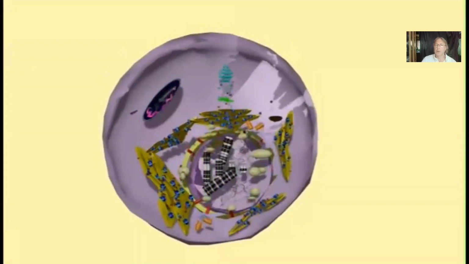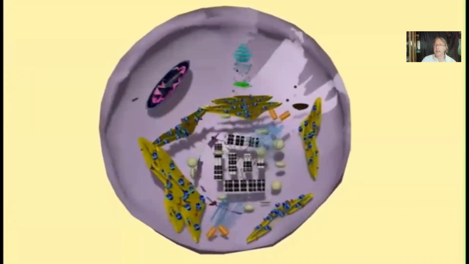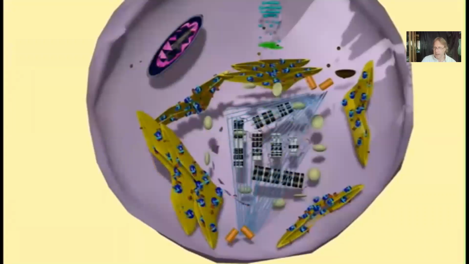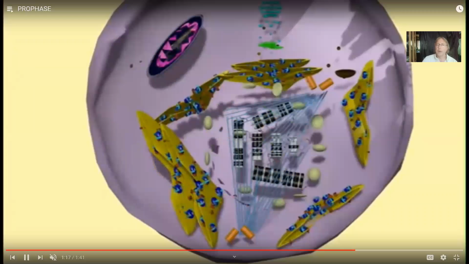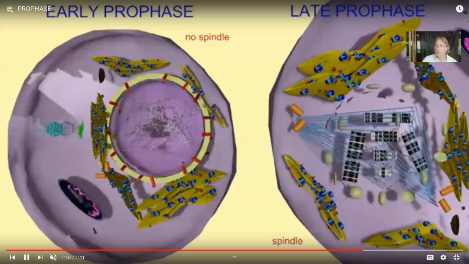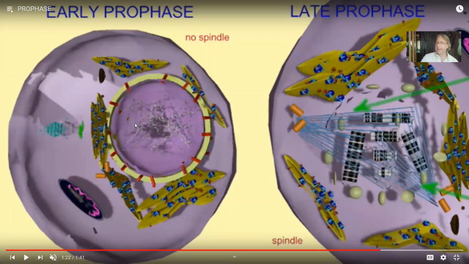So what you see here is the first part of cell nuclear division, known as mitosis. And this first phase is called prophase. This takes more than half the time of mitosis. We start off with a nuclear membrane, unwound DNA, one pair of centrioles, and no spindle.